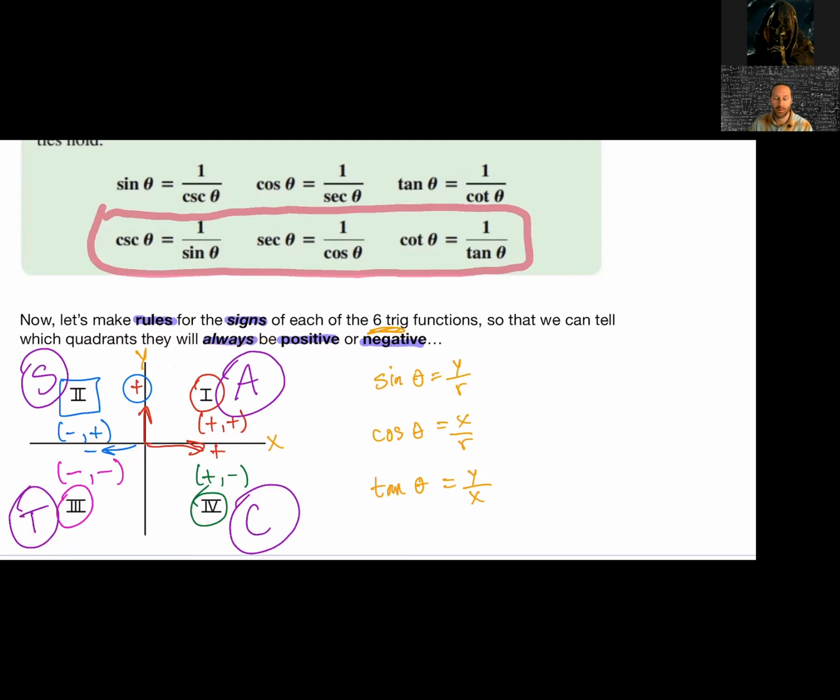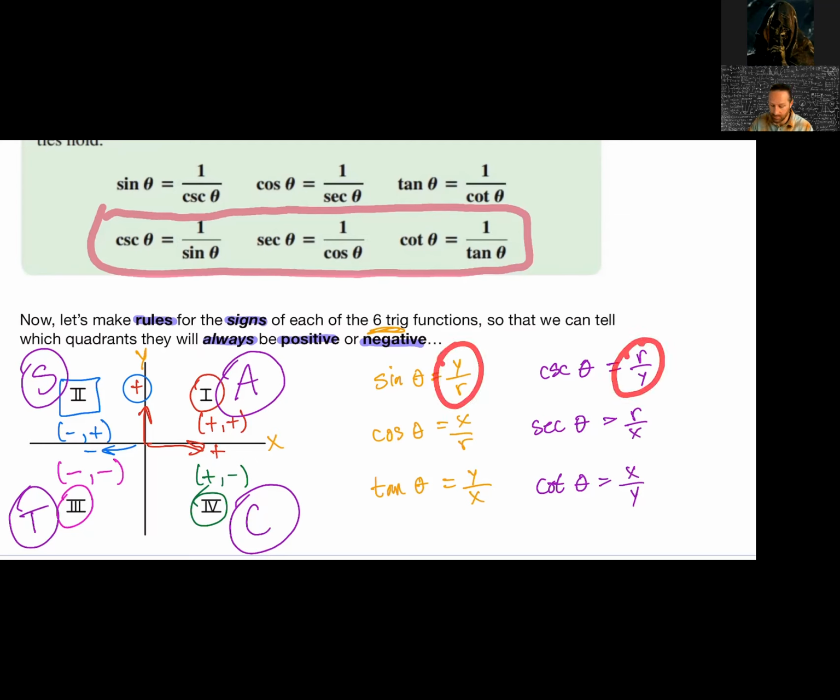Now, what about the other 3? Well, remember the other 3, cosecant, secant, and cotangent, are just what compared to these? We call them the reciprocal, which means, are the values going to change?